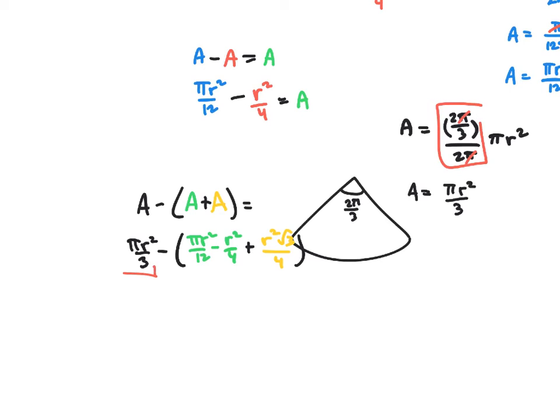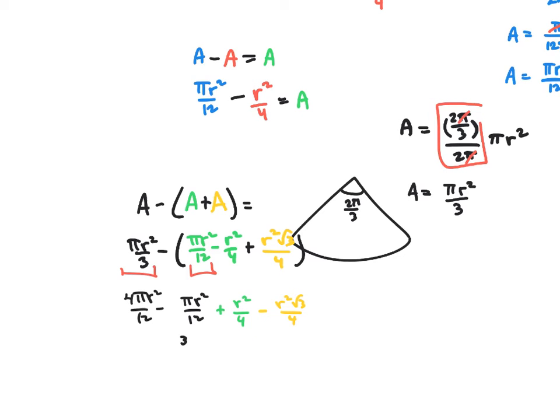These look like terms because they got pi's involved. So let's call this 4 pi r squared over 12 minus pi r squared over 12. Now when I distribute the negative, it'll make this a plus r squared over 4 and a minus r squared root 3 over 4.